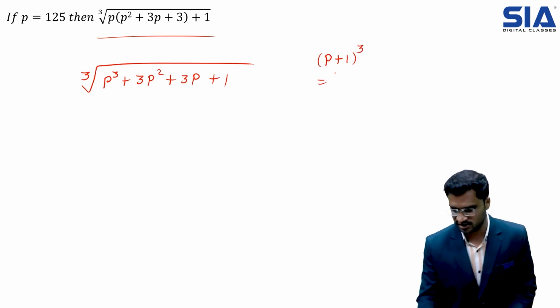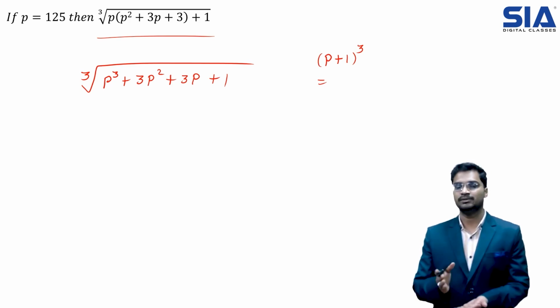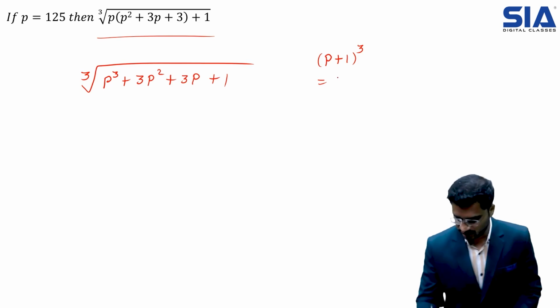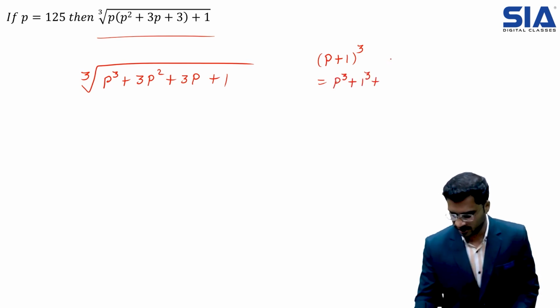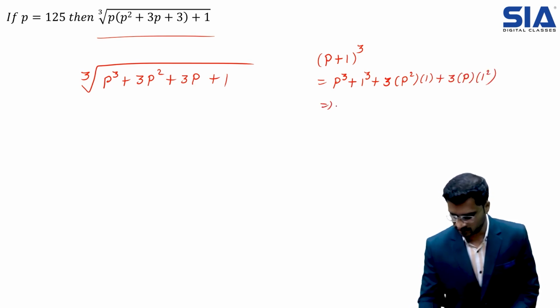So let us verify this. (p plus 1) whole cube. (a plus b) whole cube is equal to a cube plus b cube plus 3a square b plus 3ab square. After solving this, I am left with p cube plus 3p square plus 3p plus 1.